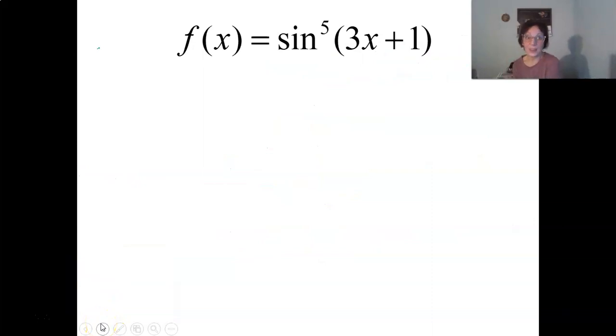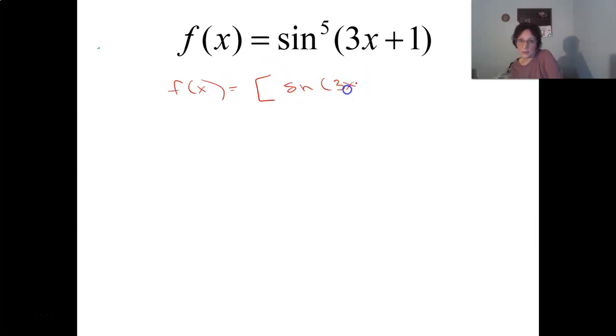Okay. These ones are tricky. They're tricky for me because I have a very hard time picturing. The first thing I do when I see something like this is I rewrite it. This means the sine of 3x plus 1 to the 5th power. So the first thing I'm going to do when I see something like this is write it like that.